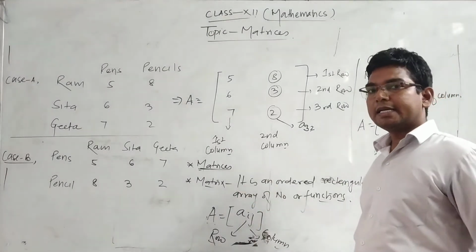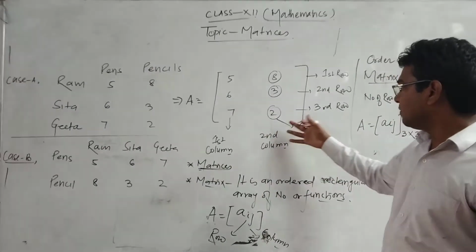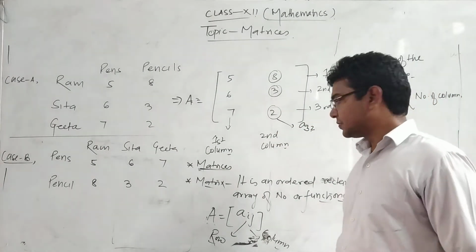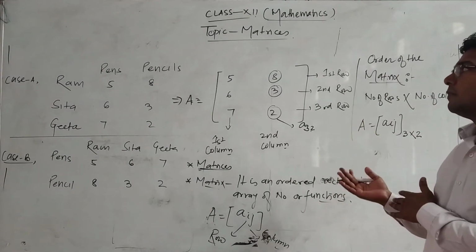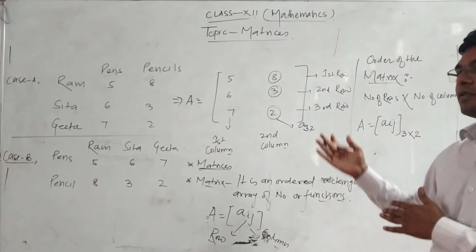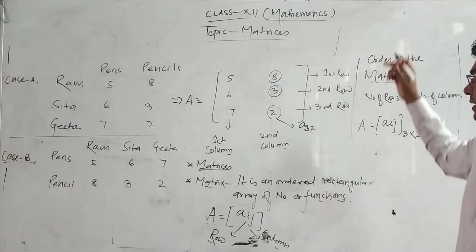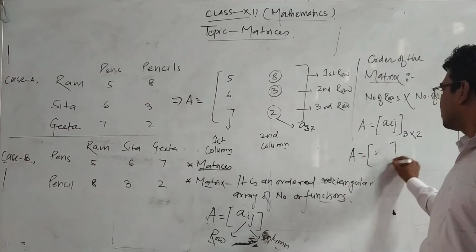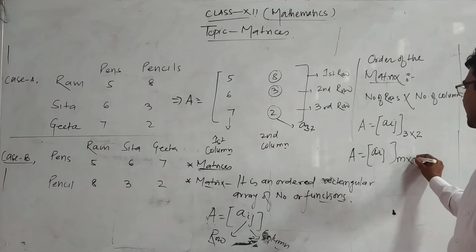In this matrix, if the number of rows and columns change, the order will automatically change, right? So generally, if the number of rows is increased from 3 to n or m or z, we can increase the number of rows and columns accordingly. So generally it will be given by m by n.